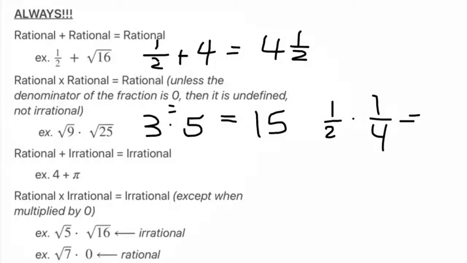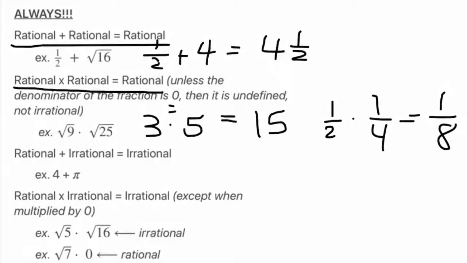We know that we can multiply fractions times fractions to get a fraction, and your answer is always going to be a fraction, so it's always considered a rational number. So anytime you multiply a rational times a rational, your answer is always going to be rational. Adding two rationals, it's always going to be rational. Multiplying two rationals, it's always going to be rational.